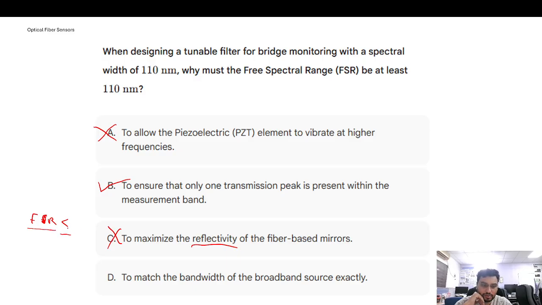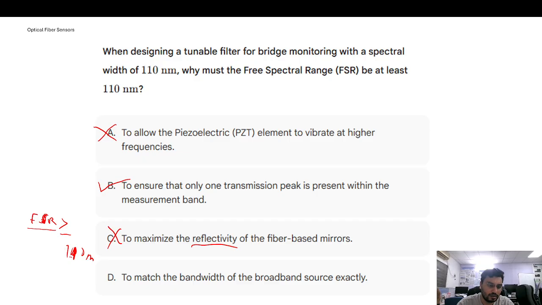Let me check once. Yeah, so FSR should be greater than the spectral width, which is 110 nanometer.